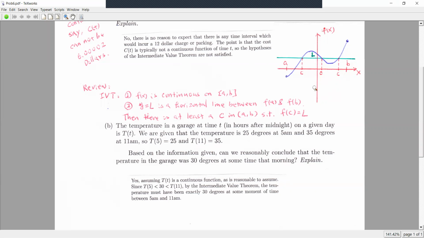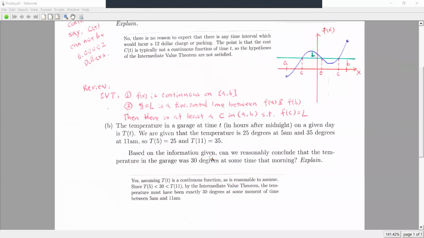In this diagram, now a is 5. Function value at a is 25. b is 11. Function value at b is 35.